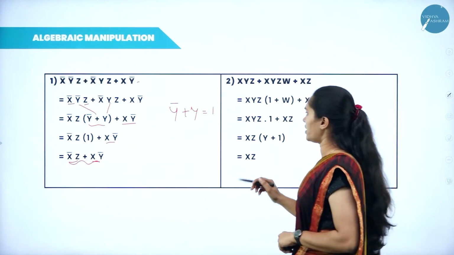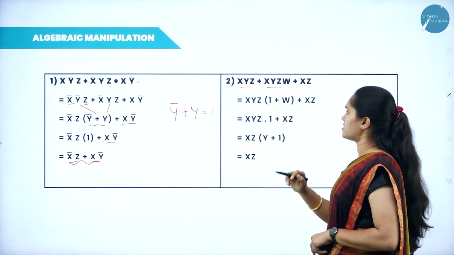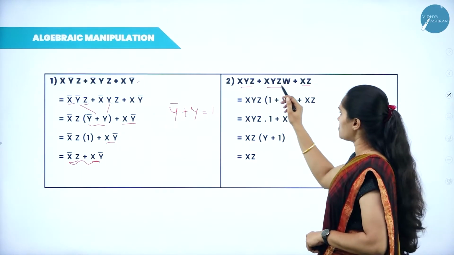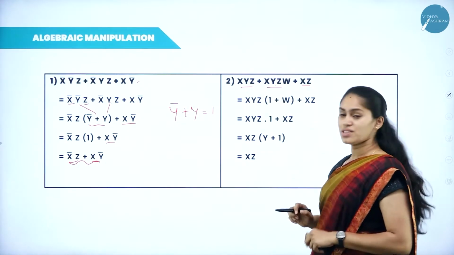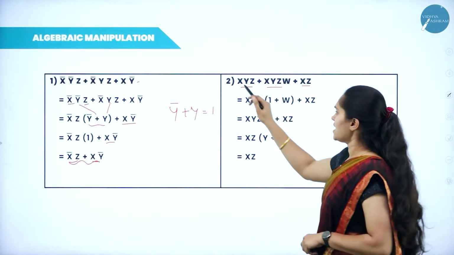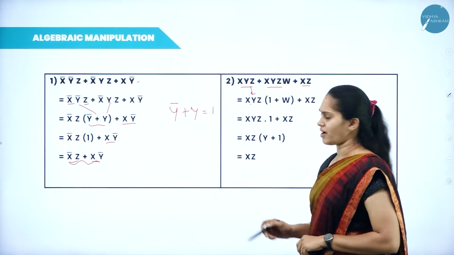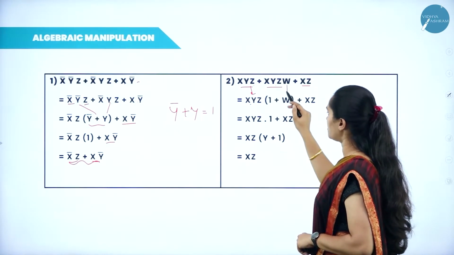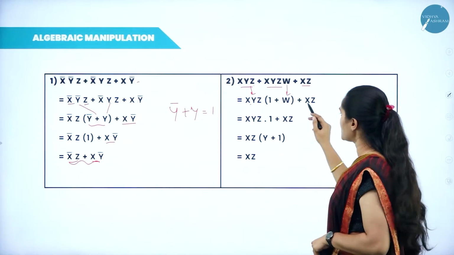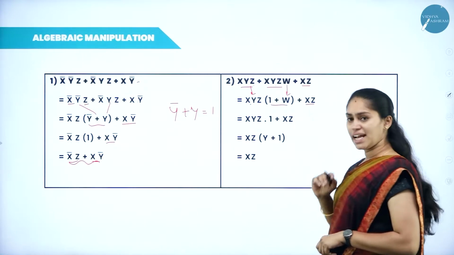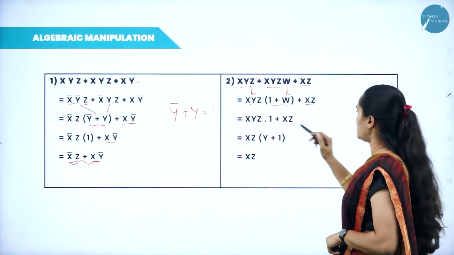We'll see the next one: xyz plus xyzw plus xz. If you observe the first two terms, we have common variables, that is xyz. So I am going to take xyz as a common factor, then 1 plus w, plus xz. As we all know, if I add any variable with 1, then it will be 1.